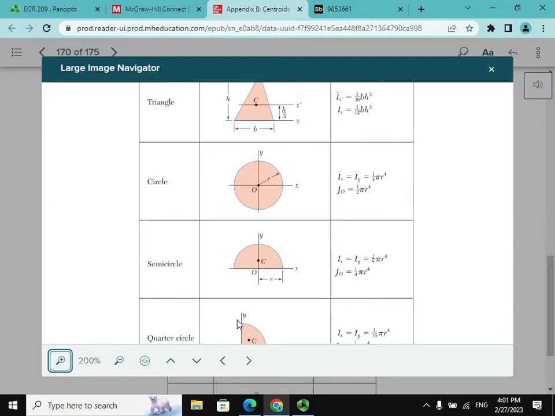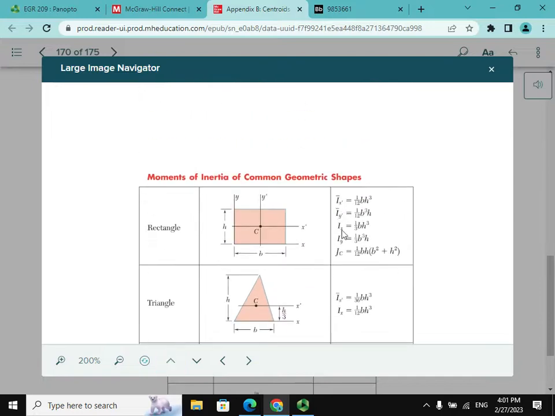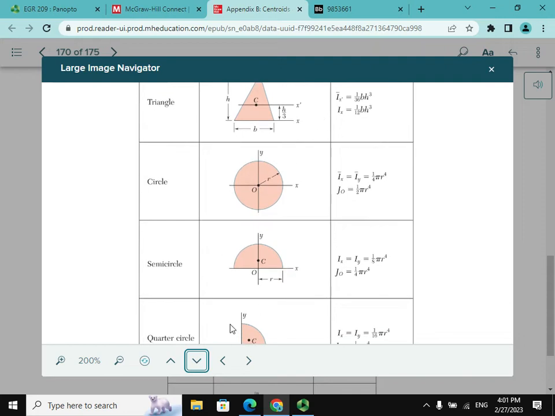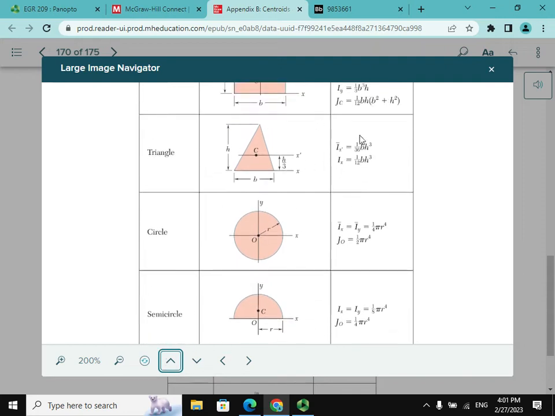Yes, I showed that to you. Ix prime is b h cubed divided by 12. For the base it is four times that, and J, the polar moment of inertia, is basically adding those two. For a triangle, I didn't show it to you, but the proof is not difficult. As long as they are listed in the table, we can use them.